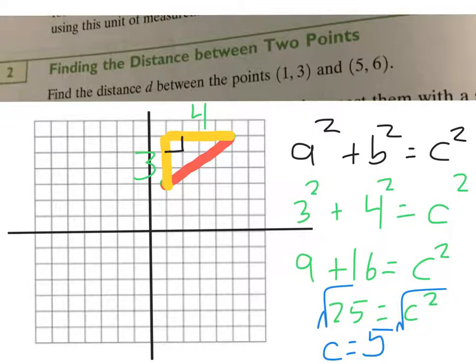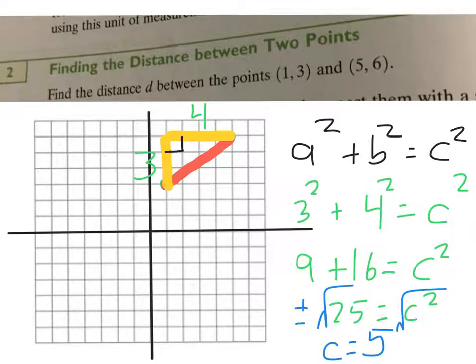Now, one thing I do want to point out here early on in this course is that anytime we are creating a square root, so we were trying to solve this equation, and we decided we needed to take a square root of both sides, we have to always consider the plus or minus option, because it could be either one.